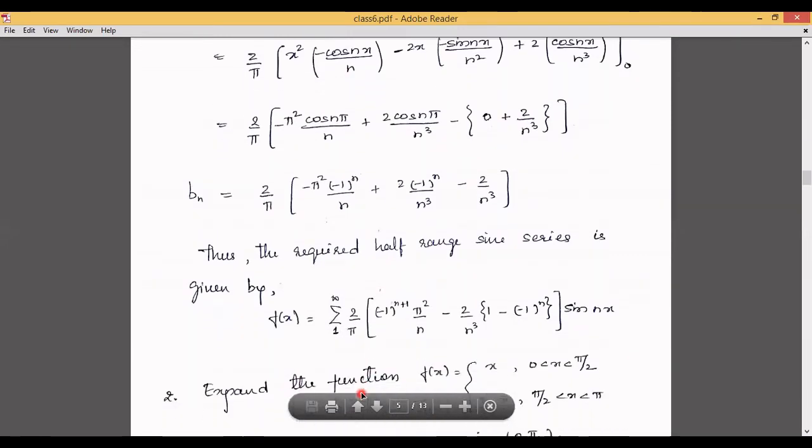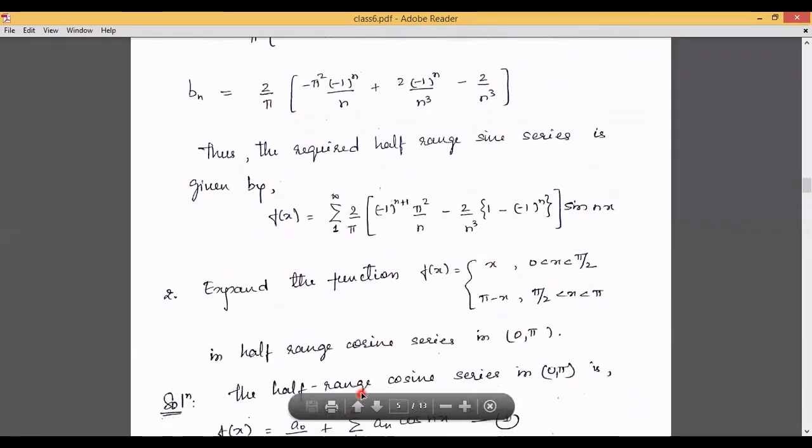Second one: expand the function f of x is equal to x for 0 comma pi by 2, pi minus x for pi by 2 comma pi in half range cosine series in 0 comma pi.